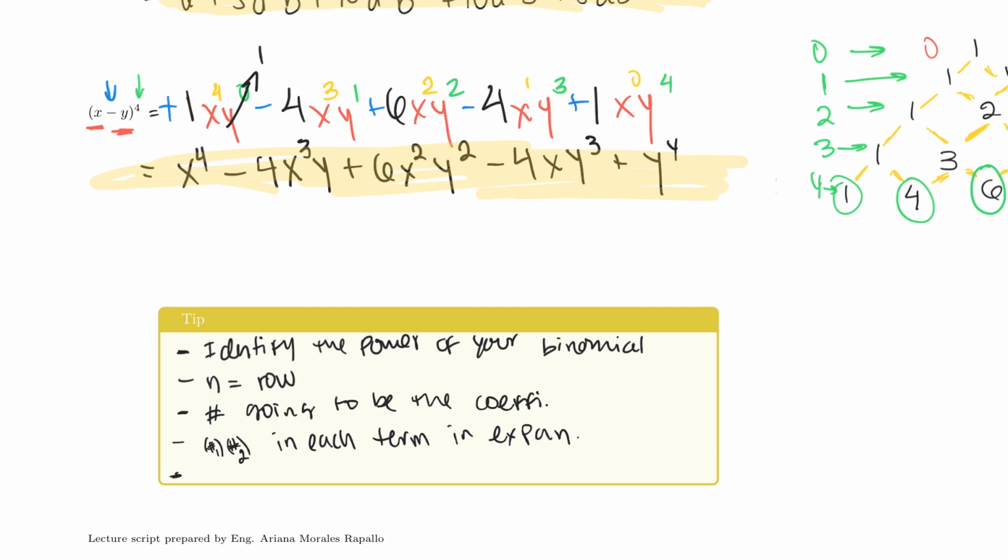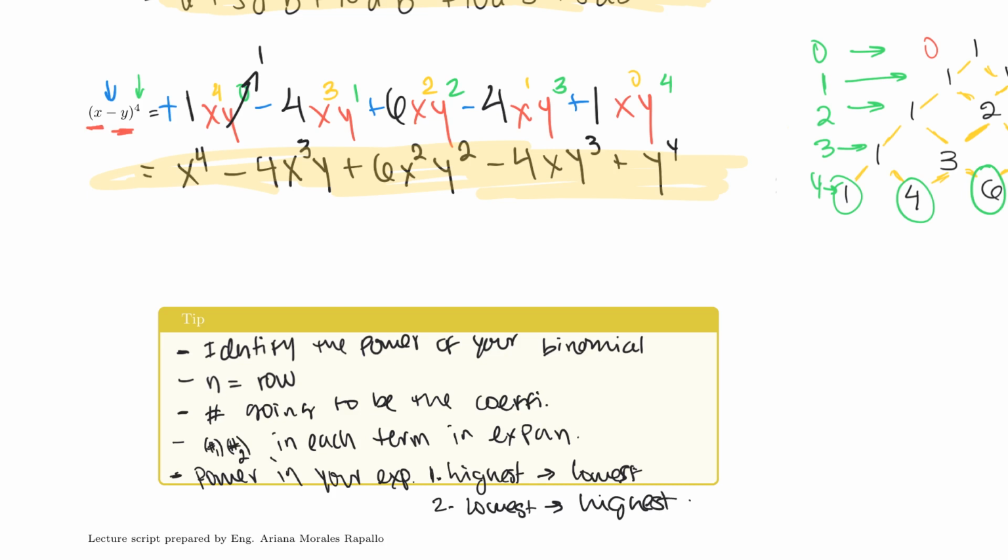Once you have this, you start assigning the power in your expansion. How do you do this? Well, you start from highest to lowest in the first term, and in the second term you go from lowest to highest, or you just start backwards.